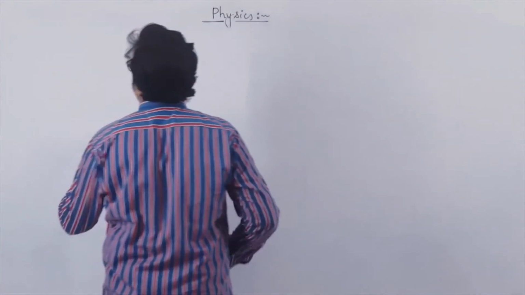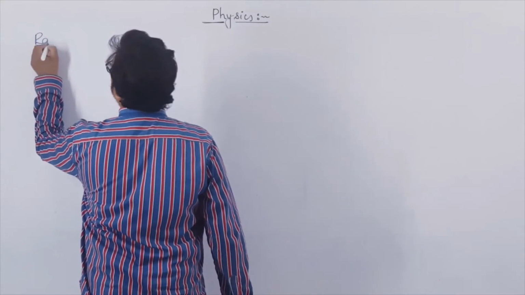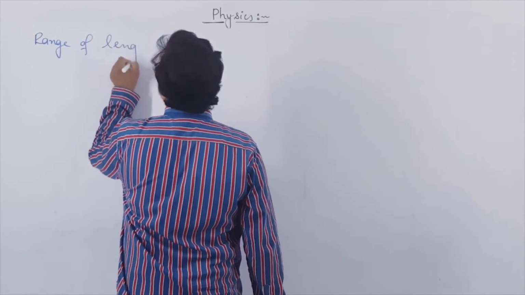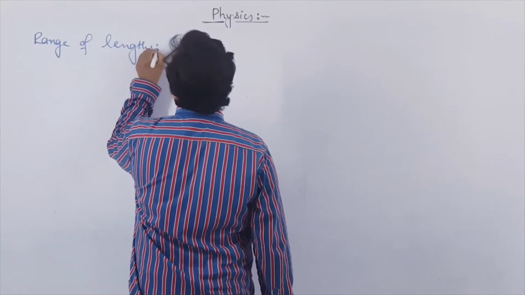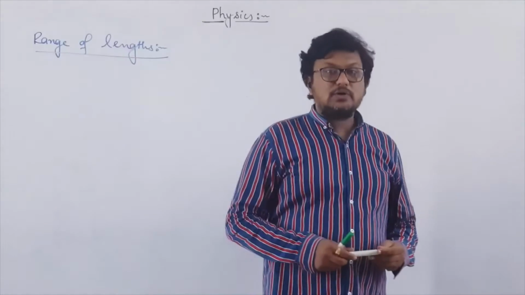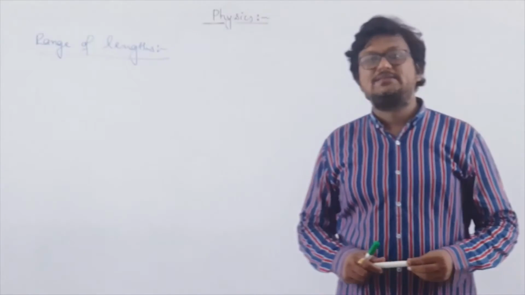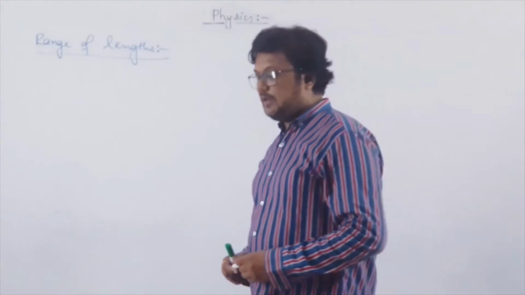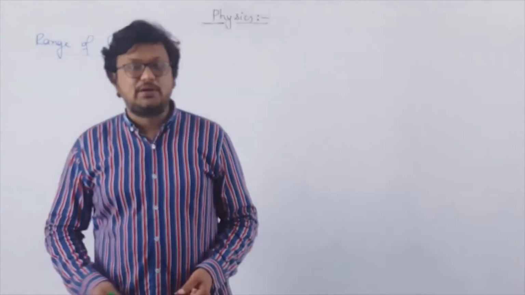Now the next topic which we are going to discuss is range of length. In physics we come across a wide range of lengths in the universe, right? So in day-to-day life we come across meter, kilometer and all that, right?